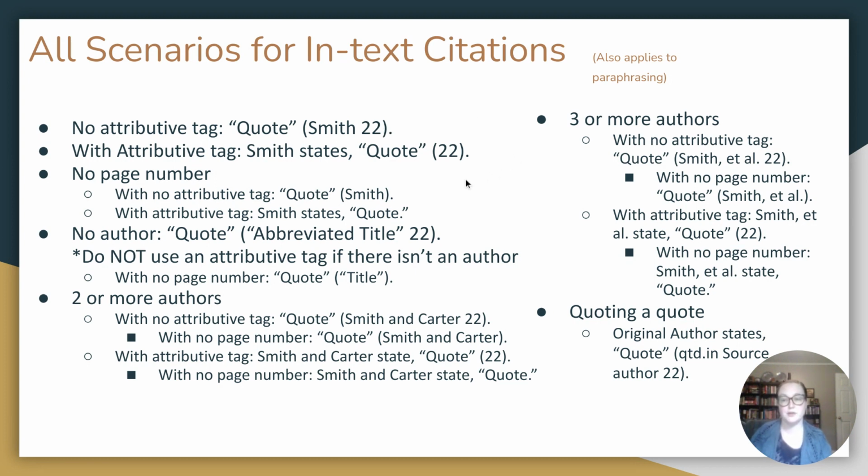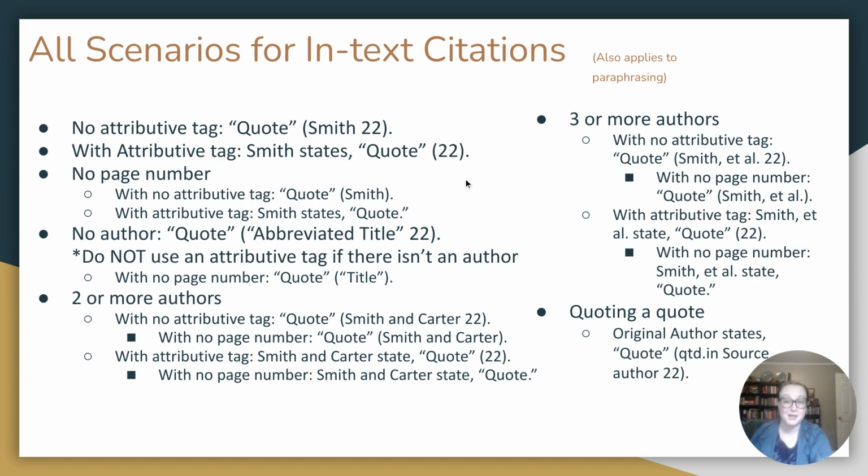If you have an attributive tag, then you might say something like Smith states, okay? That covers it. You've said who the author is, so you don't need to put it in the parenthetical at the end. You just need to put the page number in the parenthetical at the end.